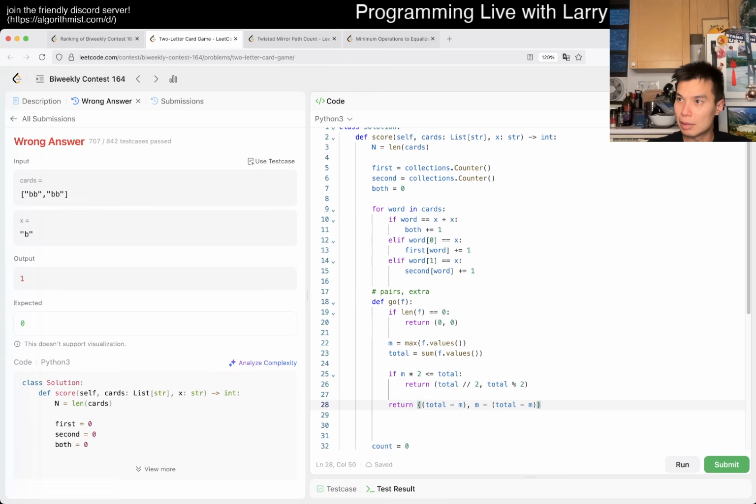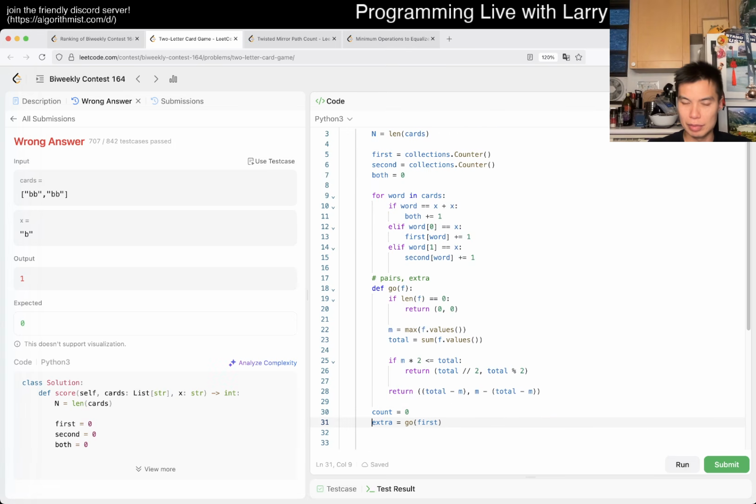Total minus m is the number of... No. Wait on. M is greater than half of total. So then total minus m is the other stuff. No, this is right. It's just very awkward looking. I don't know.